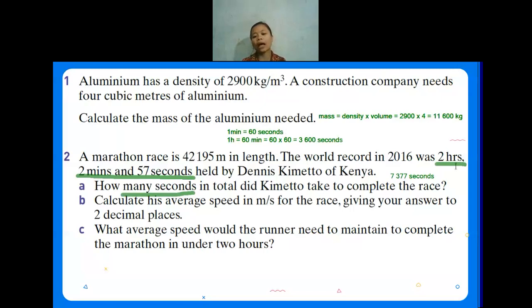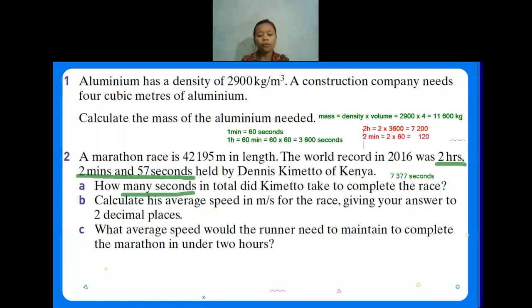In here, there are 2 hours, so it means 2 times 3,600, which equals 7,200. For 2 minutes, it will be 2 times 60, which equals 120 seconds.